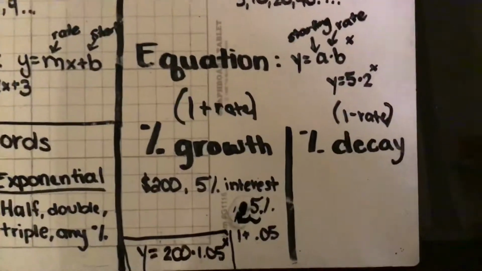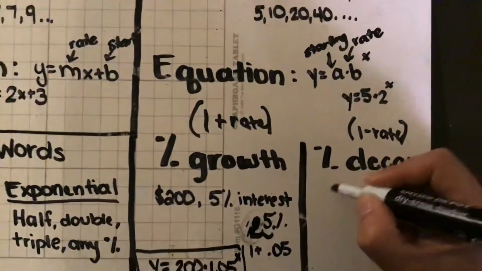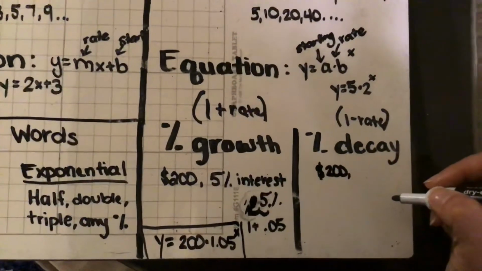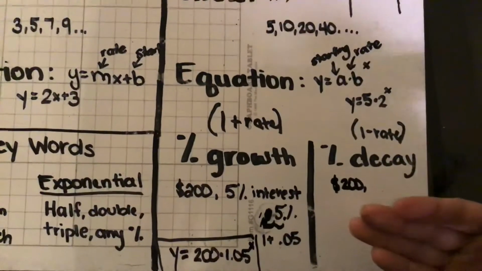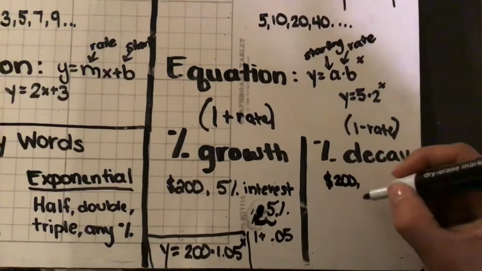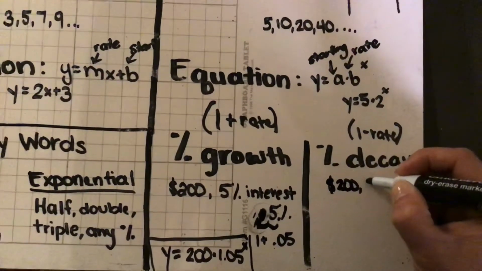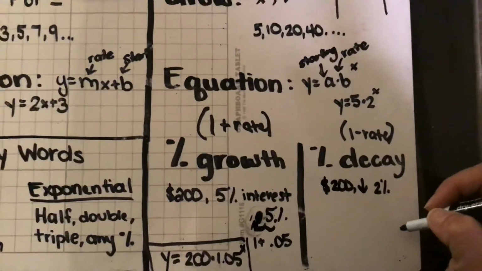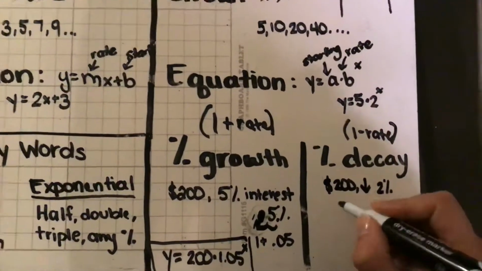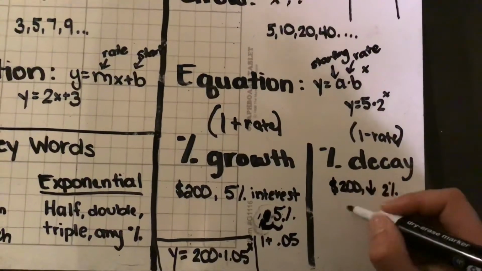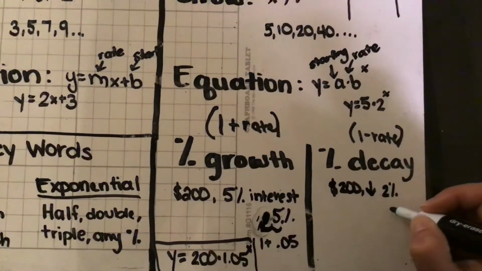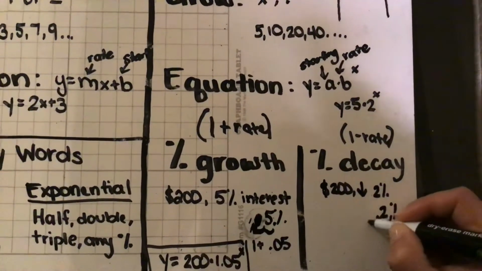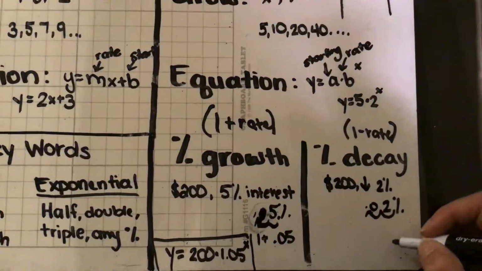Okay, and for decay, let's say that we started with the same amount, $200, but it was a painting's worth, and the painting depreciated, so the value went down. It depreciated 2%. Okay, let's figure out how to write that one. So we have our $200, which we started out with. We went down 2%. We can't write percentages in our equation, so we're going to make that a decimal by moving the decimal 2 spots over.